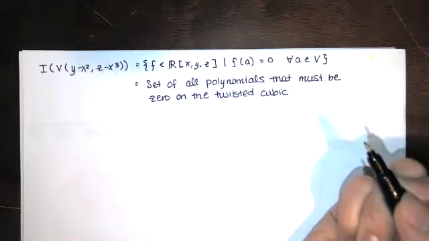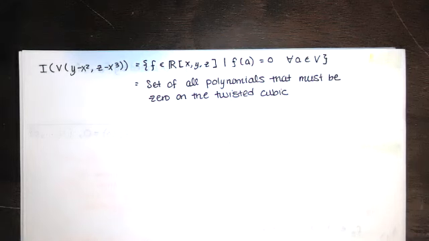Now many of you may have heard this terminology before, but some of you haven't, so I'll define this for you. We say that a polynomial vanishes at a point if it's equal to 0 at that point.